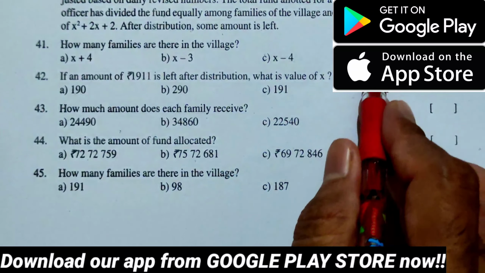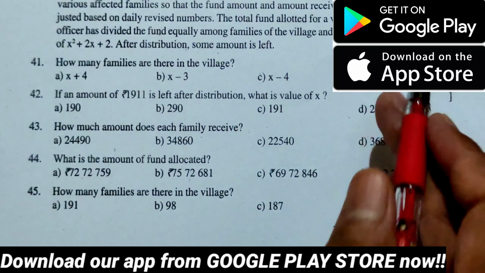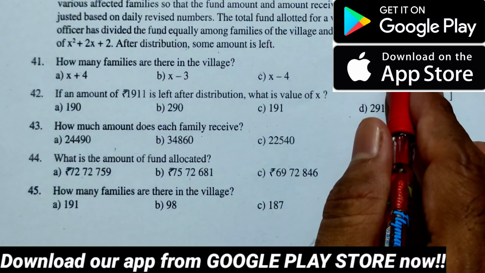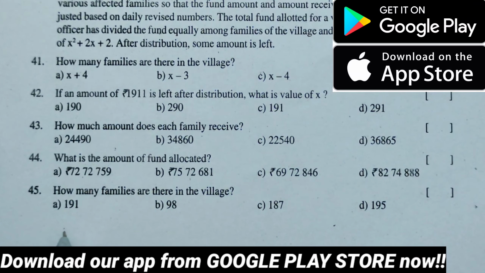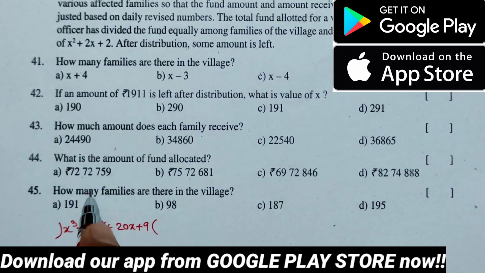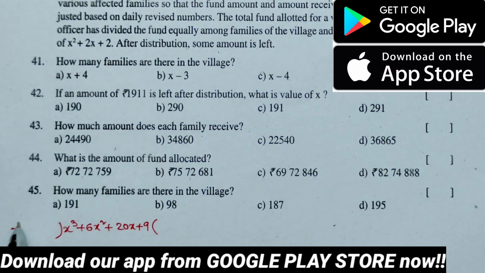Here the total amount given is x cube plus 6x square plus 20x plus 9. I am going to write it here: x cube plus 6x square plus 20x plus 9, that is to be divided by the families, which here is x square plus 2x plus 2.